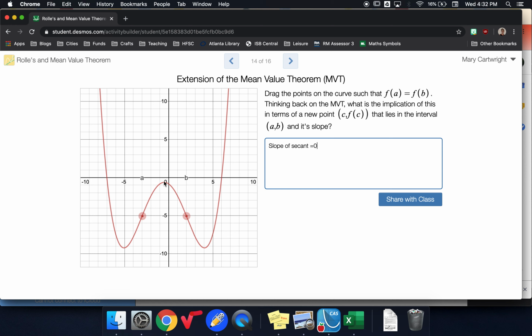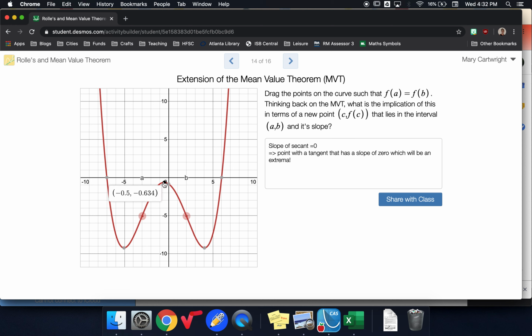That means that up here will be my point c, where I also have a slope of 0. So that leads to a point with a tangent that has a slope of 0, which will be an extrema. So my slope of 0 is going to be up here. That's where I've got my maximum.